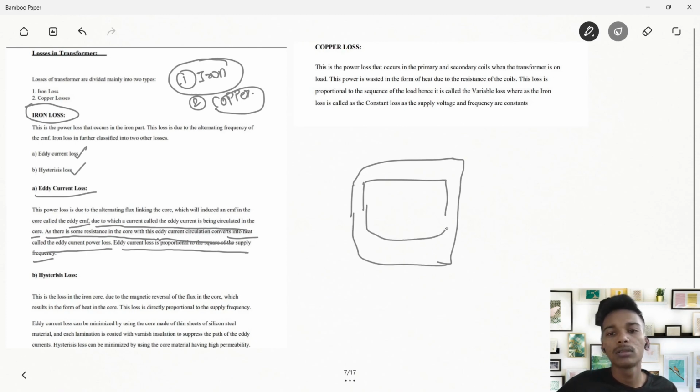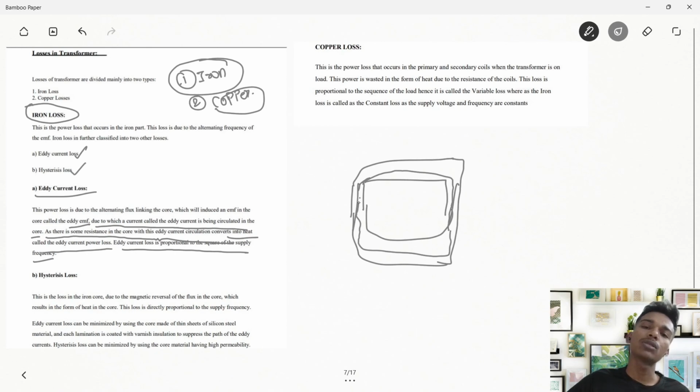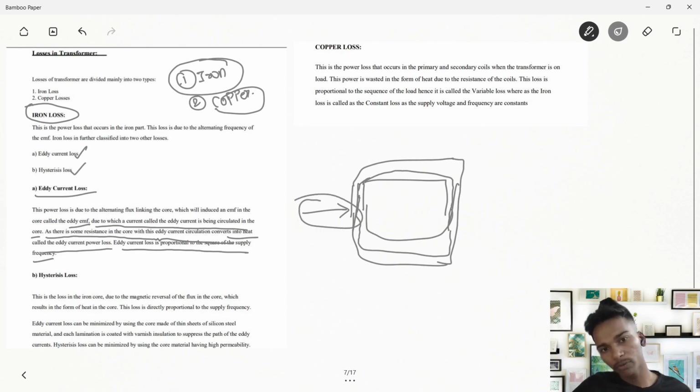This is the core, with the primary limb and secondary limb. We are going to get some flux induced here, and this flux passes through our secondary limb. After passing through the secondary limb, it continues its direction, then has to pass through the primary limb, where we are applying some voltage and getting some flux, and this flux is opposing the flux induced due to the applied voltage.